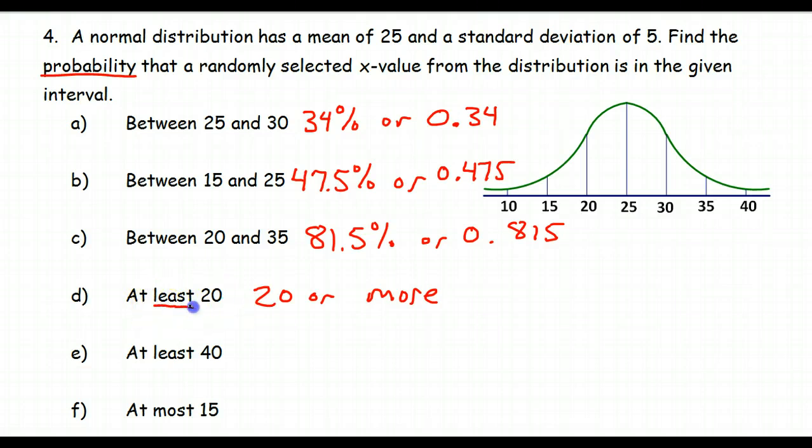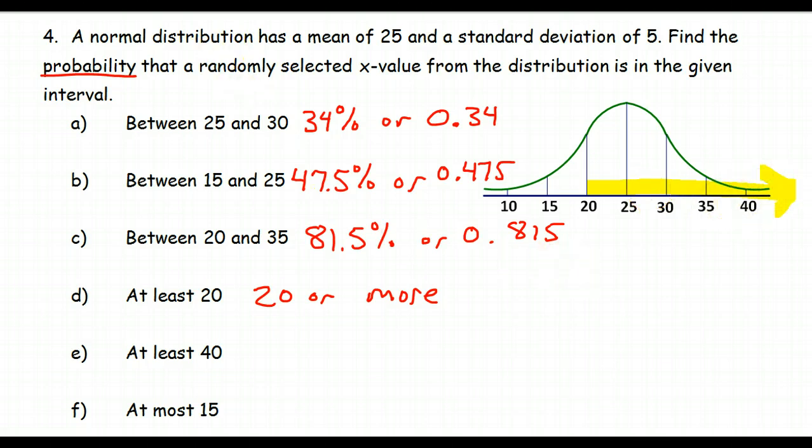You see the word least, and sometimes that makes you think it means less, but no. At least, in Spanish, is por lo menos, 20. At least means this number or greater. So you have to understand that to get the question right. At least 20 means 20 or more, and please understand that we go in this direction forever.